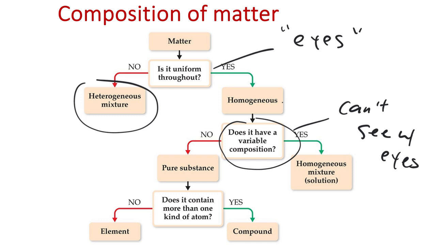We can't assess the variable composition question just by looking at a sample, unless you have laser vision, which, if you do, that'd be cool. But unless we can literally see at the molecular level, we're never going to know if the sample has one substance or multiple substances. So we either have to do a test, or know how the sample is constructed. If I asked what is in this, and you said, well, I dissolved the powder into the water, okay, clearly that's a mixture.